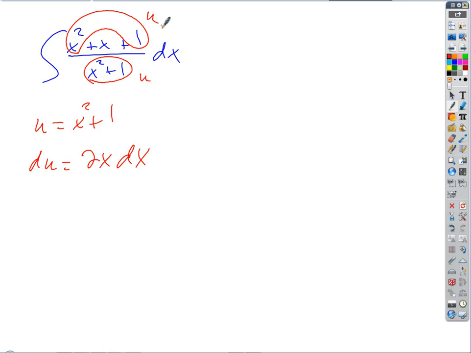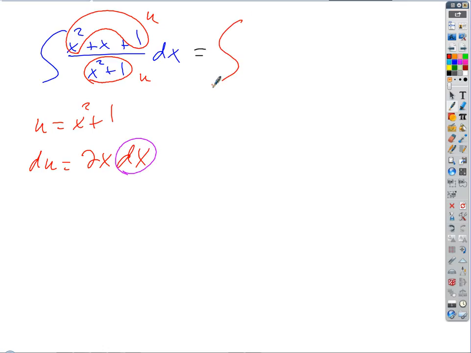Okay, so then we've got a dx here, we can't do an x dx because that's not being multiplied by this, right? But we have a dx would equal du over 2x. So let's rewrite this thing. This is gonna look like kind of a complicated mess here.